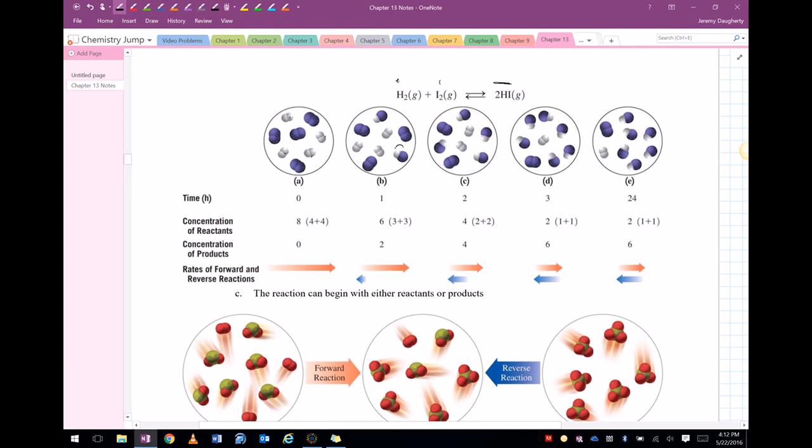We form 1, 2 hydrogen iodides, and so now that we've formed 2 hydrogen iodides, we can start having the reverse reaction. Once we form more hydrogen iodides, we can have an even larger reverse reaction rate. And then you can see at point D here, the rates are equal. Equilibrium.